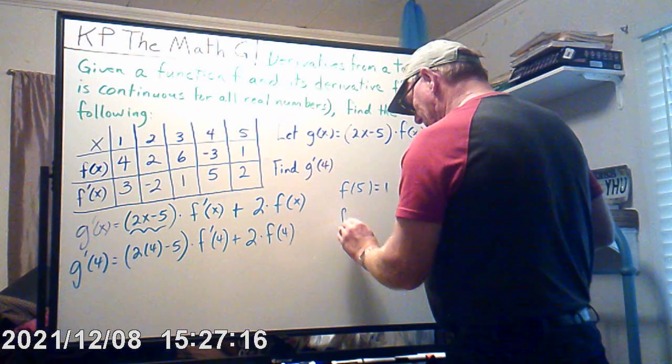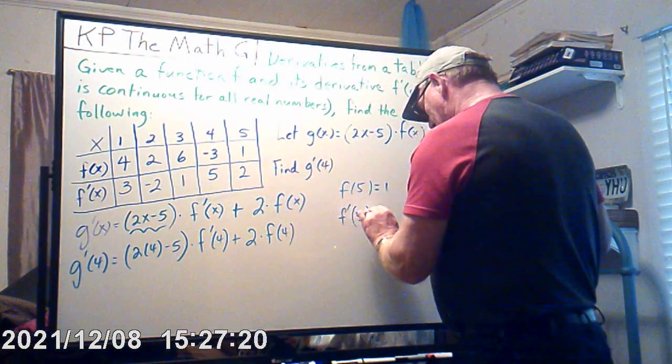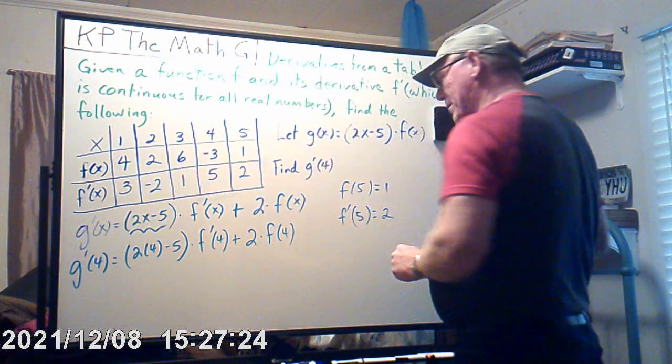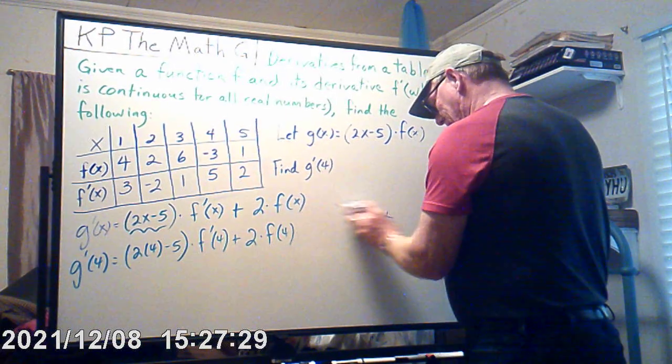If I wanted f prime at 5, then f prime at 5 would be 2. See how it works? That's how that's going there.